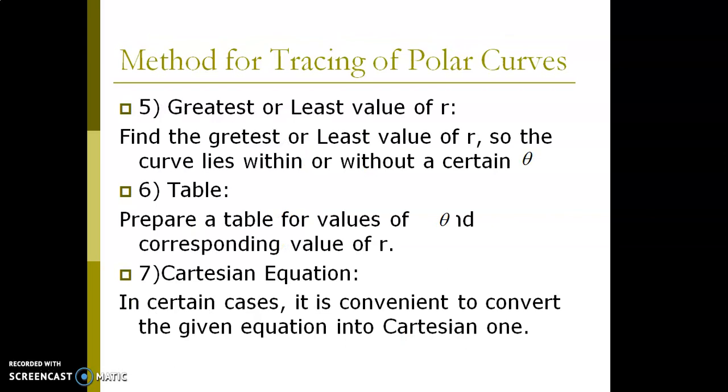Fifth point, greatest or least value of r. We can find the smallest and largest values of r, so we know the curve lies within a certain range. Sixth point, table. We can prepare a table for theta and r. And seventh point, Cartesian equation. In these cases, it is convenient to convert the given equation into Cartesian form.